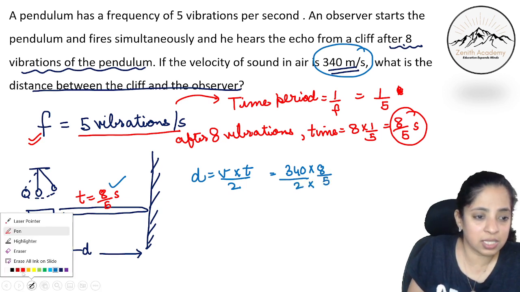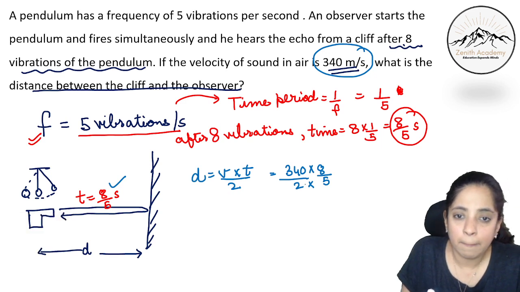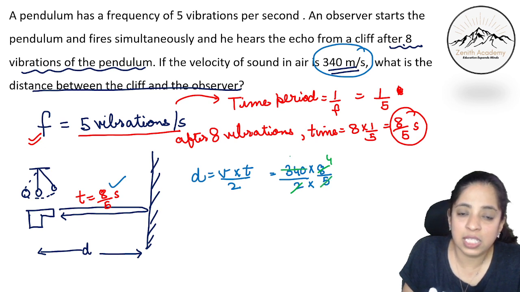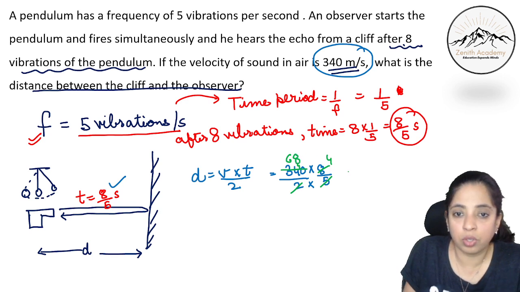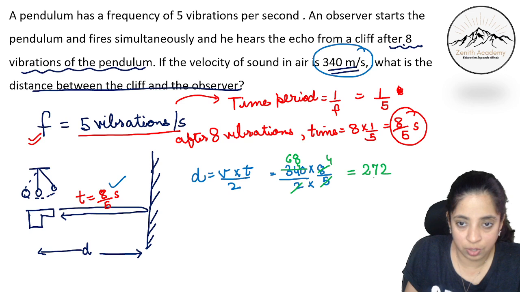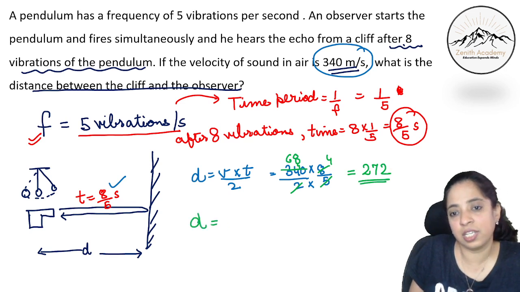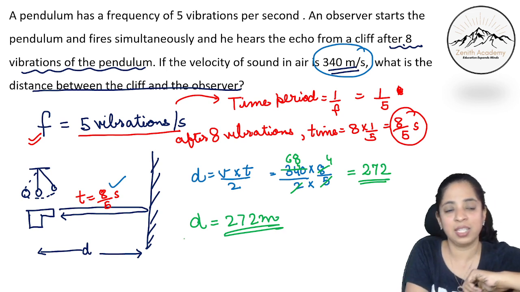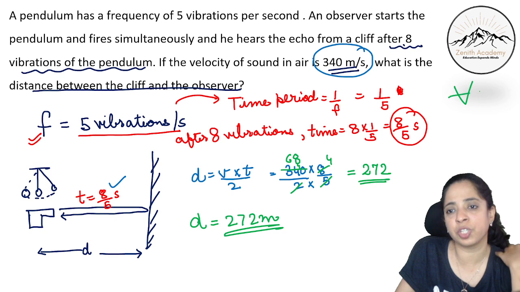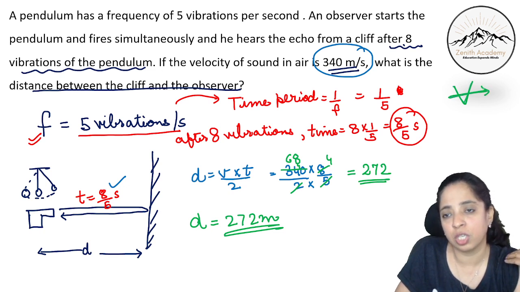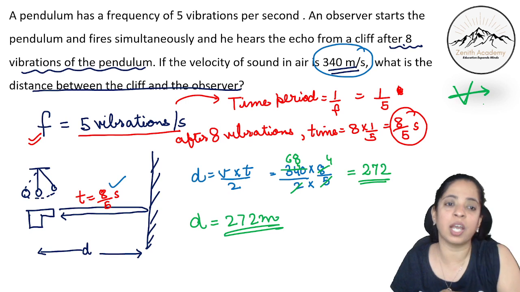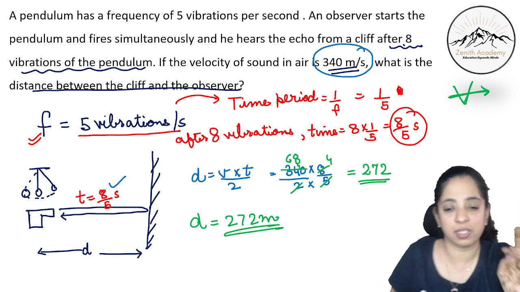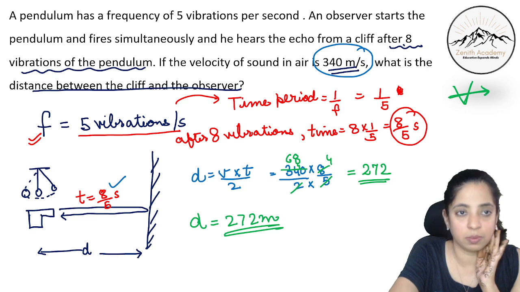Now cancel the things and find out the answer. 2 4s are 8. 5 6s are 30. 5 8s are 40. 68 into 4. 8 4s are 32. 272. So the distance is 272 meters. Clear? This is a very important question. If you have not understood, pause it, go back, watch it again, copy the question, and solve this. Very important for board exams.